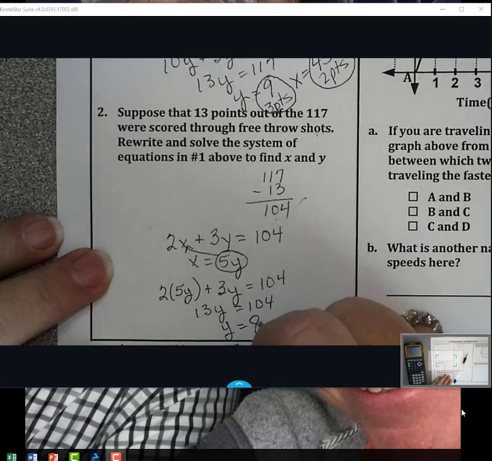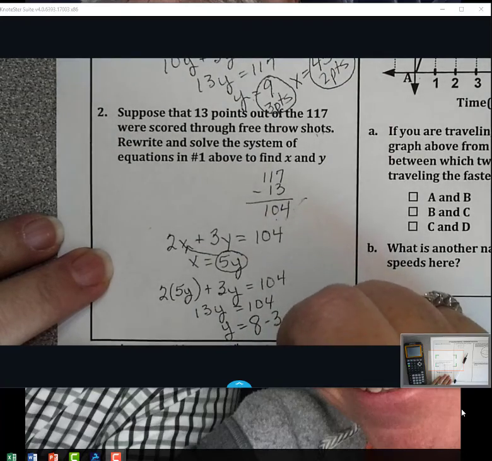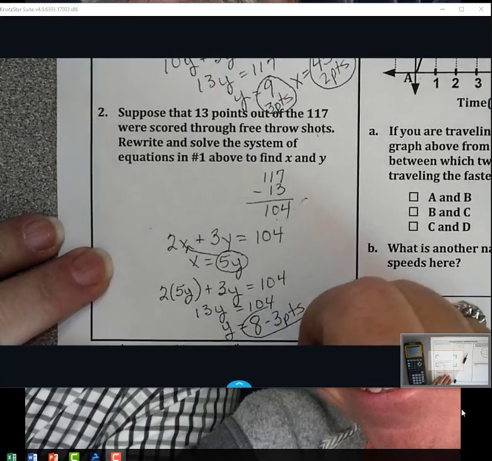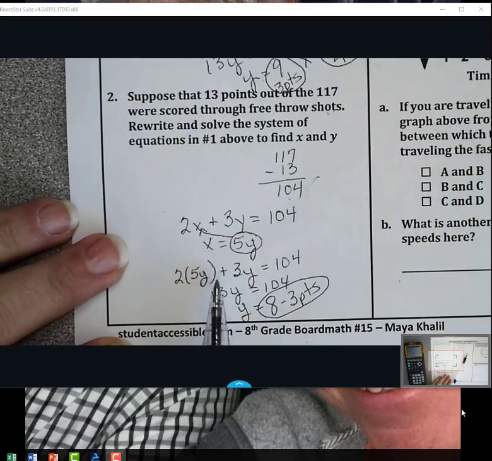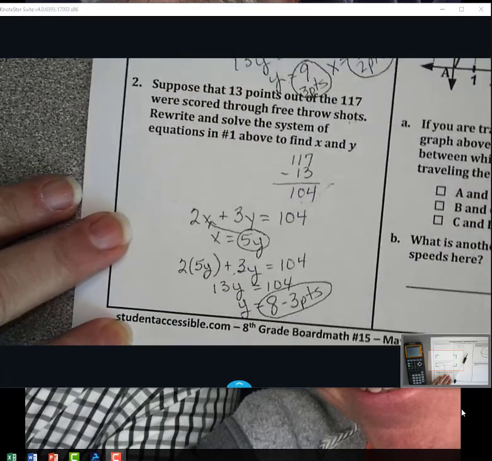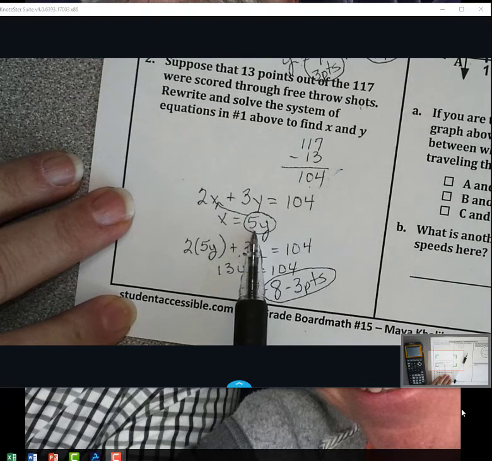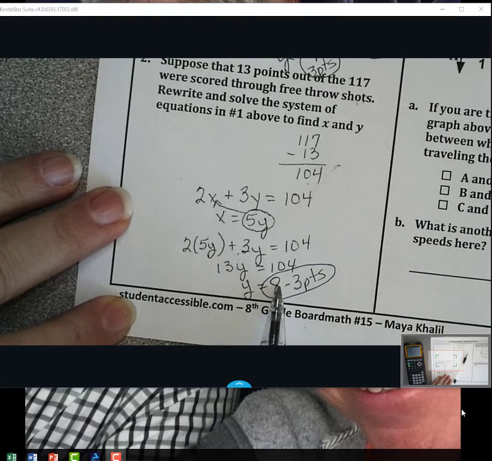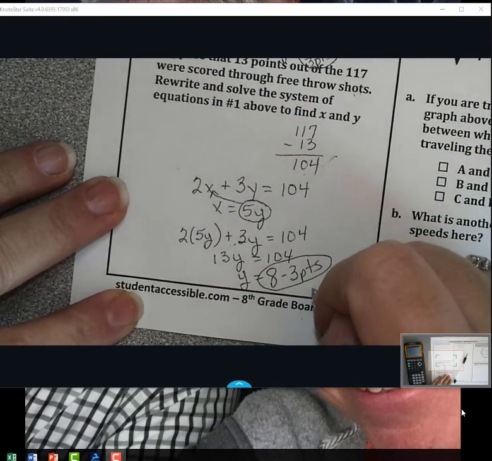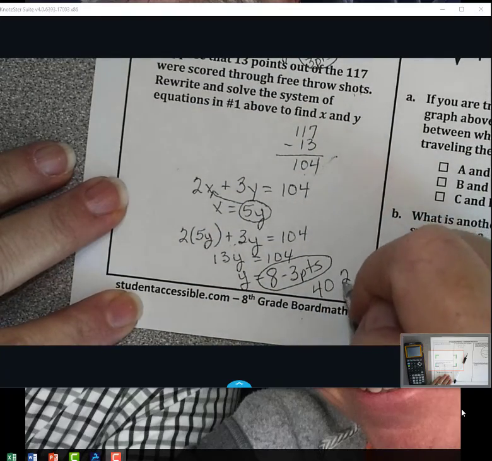So that means I'm going to have 8 3-pointers. And how many 2-pointers am I going to have? Well, we had 5 times as many 2-pointers as 3-pointers. So if I have 8 3-pointers, 5 times 8 would be 40. 40 2-pointers.